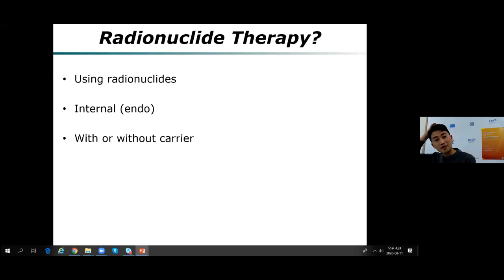We can consider the tumor size and what pathology we target. It is totally different from external radiation therapy, so we must check the dosimetry for safety, and we must consider with or without carrier because of aspects of the dosimetry.